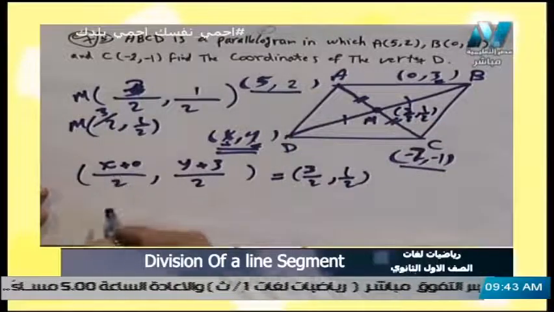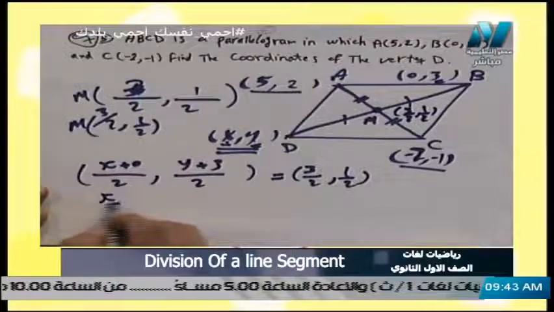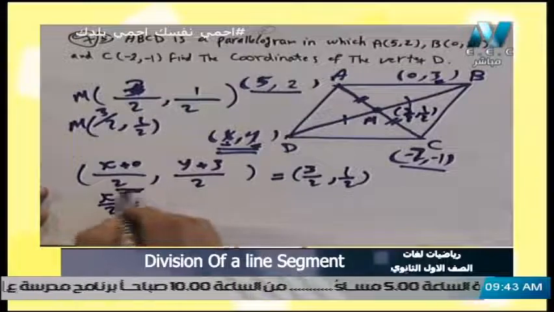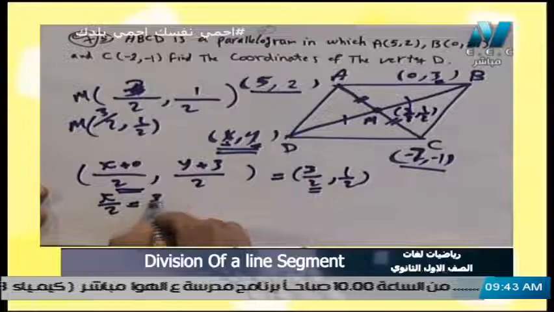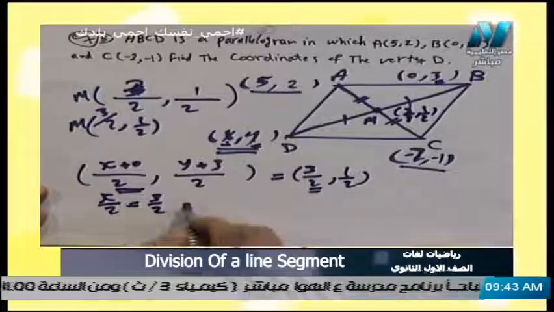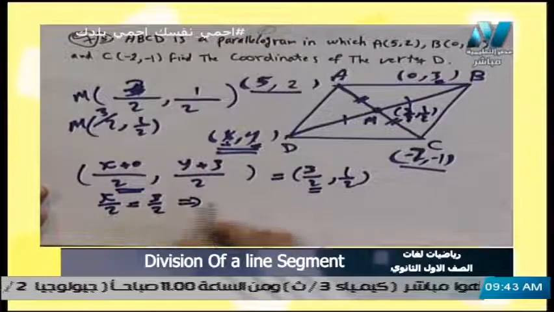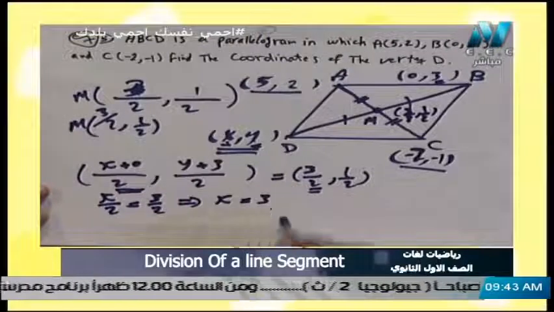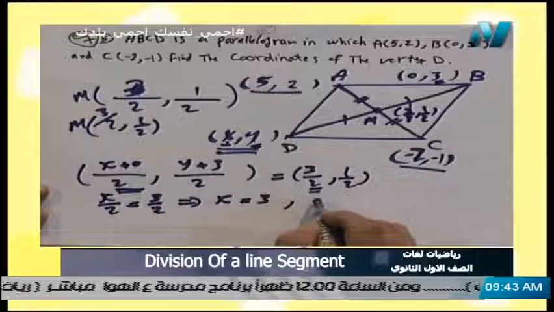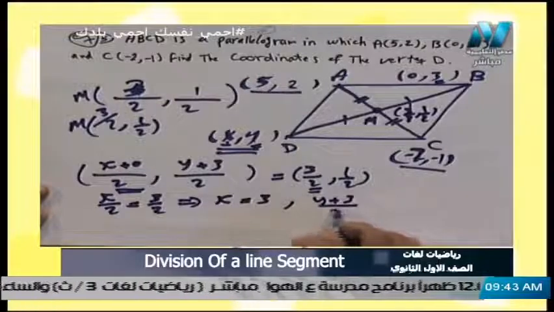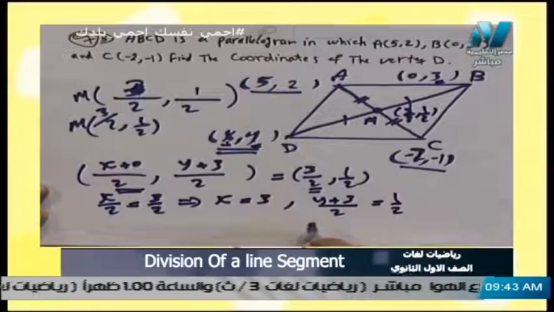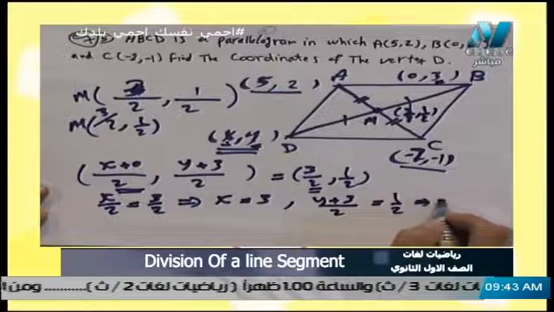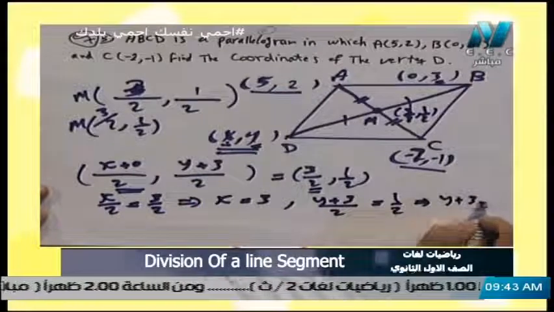We have here x over 2, the first one, equals the first one, 3 over 2. So we can deduce that x equals 3. And also y plus 3 over 2 equals a half. So we can deduce that y plus 3 equals 1.